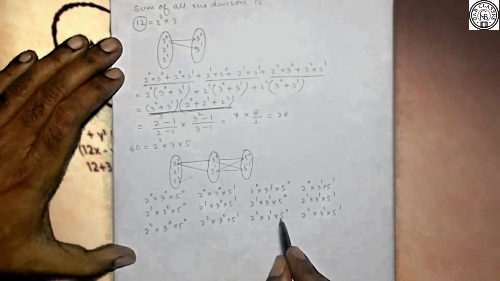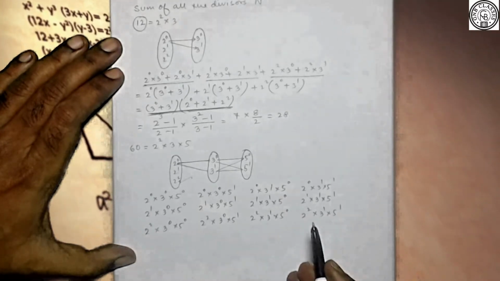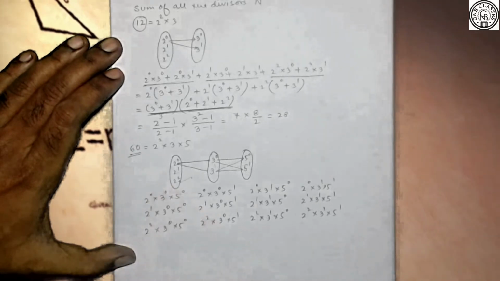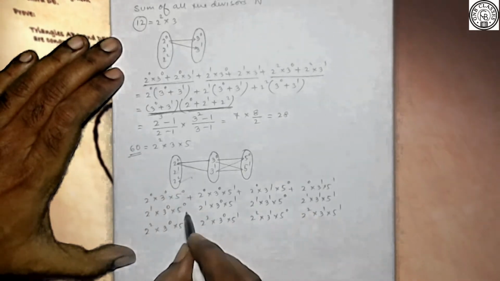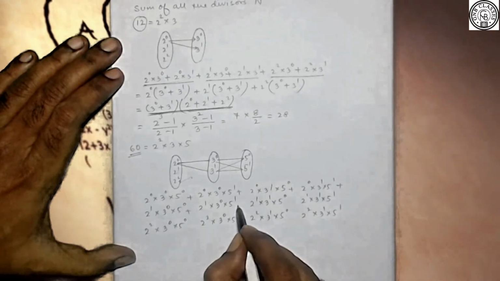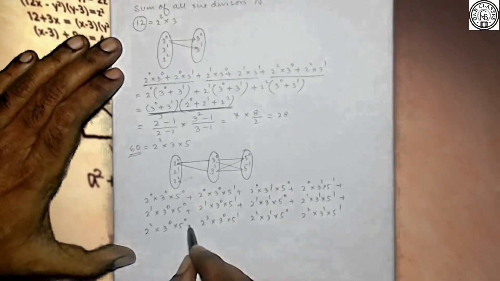So these are all the factors or divisors of the natural number 60. Now we want to add this, that is, we are adding all the divisors. So what are we going to have?